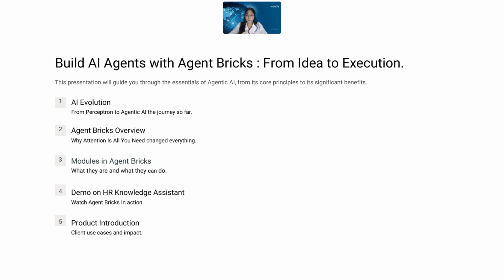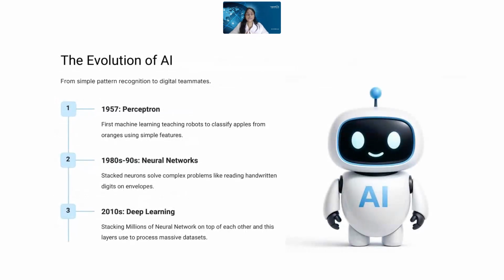So starting with the webinar, the first topic is understanding the evolution of AI over the years. What we see today is a quite developed and advanced version of AI, I would say. But let's circle back to the 1950s when AI was just introduced, and the first model was built in 1957.